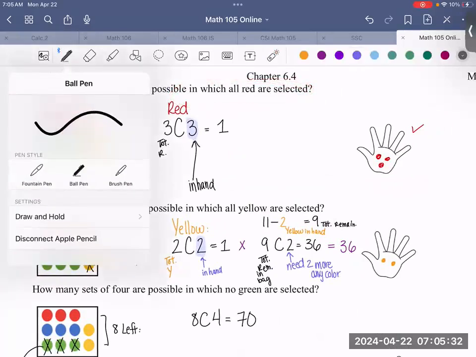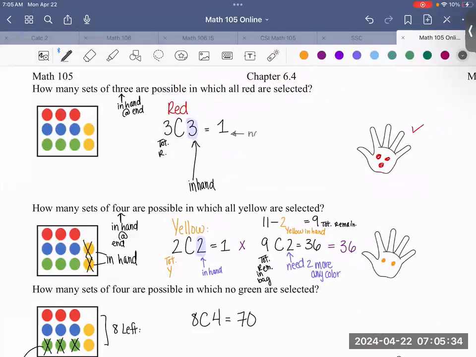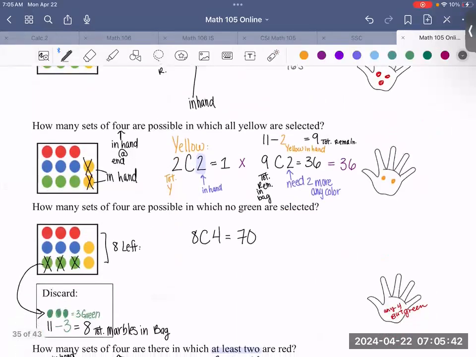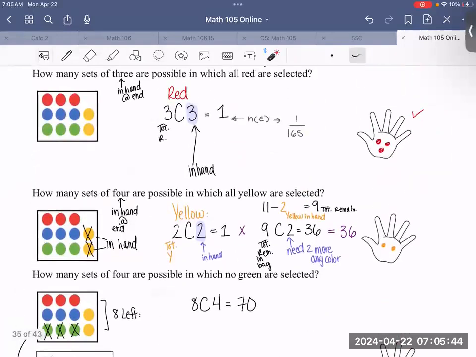Well, if this is the number of ways your event has happened, then we're doing 1 out of 165. To do this one, of the 3 red, we want to pull all 3. And because we need 3 in hand, this number always representing what we have in our hand, we don't need any more, so we could be done.